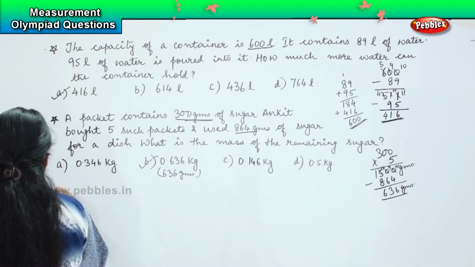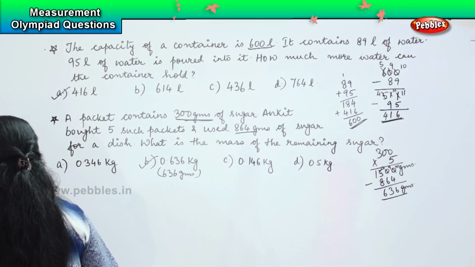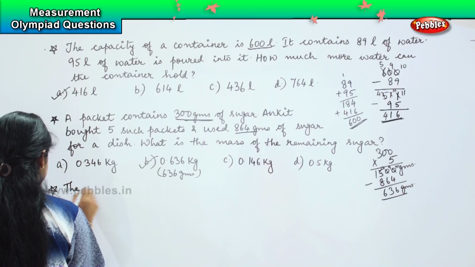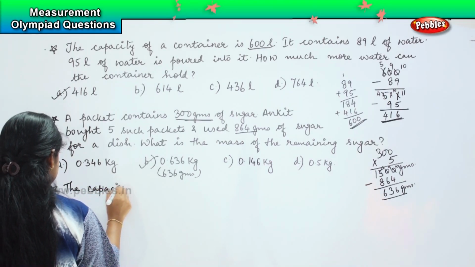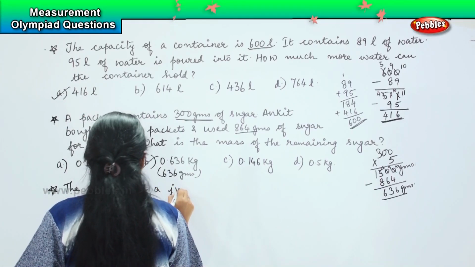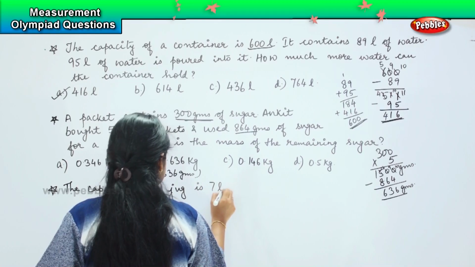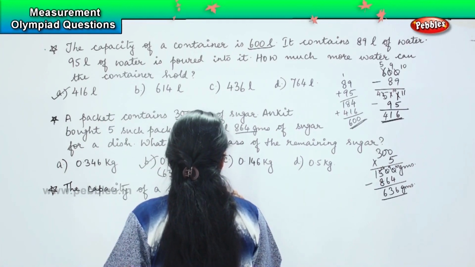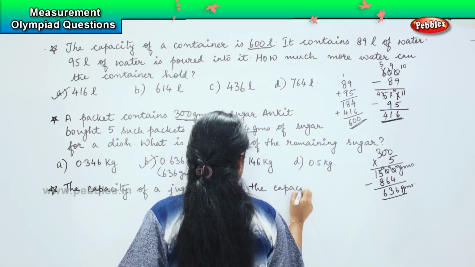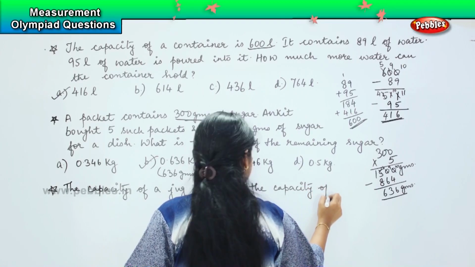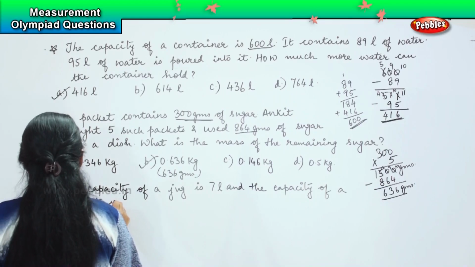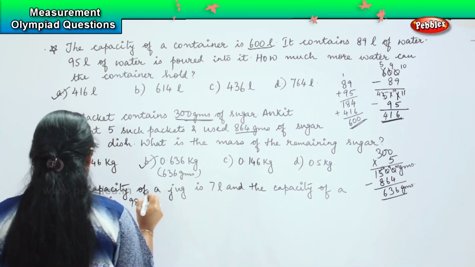The next question is, the capacity of a jug is 7 liters and the capacity of a bucket is 98 liters.